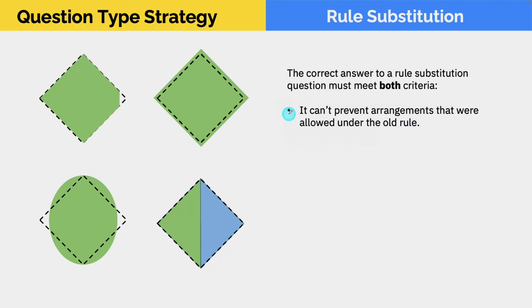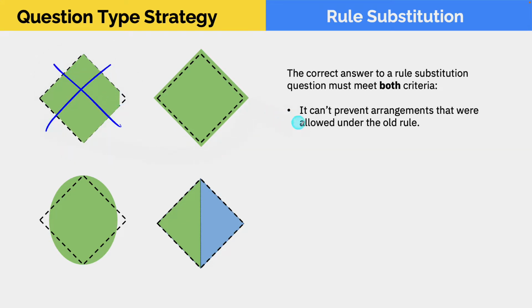Now, this criteria is like the one that helped rule out this first shape here, right? Under the first shape, it's not protecting this corner and they used to be protected, right? It's not allowing this set of arrangements, but this set of arrangements used to be allowed. So this is not a substitute.